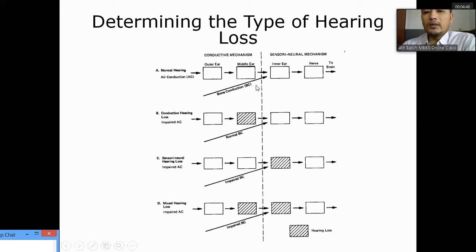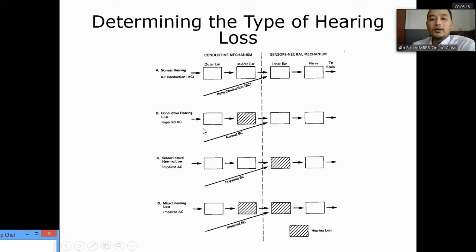And bone conduction bypasses all this conductive mechanism and directly vibrates the inner ear cochlea and the inner ear fluid, generating the impulse. So air conduction is a test for both the conductive mechanism and the sensorineural mechanism, but bone conduction bypasses the conductive mechanism. It only tests the sensorineural component of hearing.